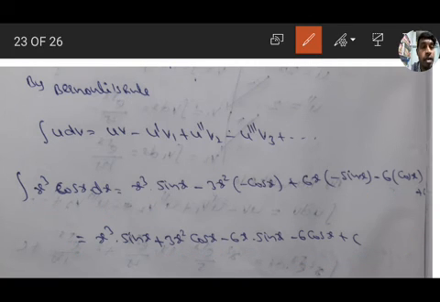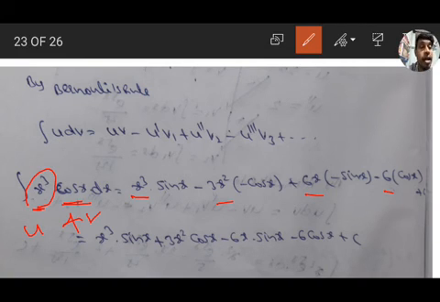In the shortcut, we use it directly as a formula. In the problem it is given x cube and cos x. x cube is the u and cos x dx is dv. So first write the derivatives: x cube, its derivative 3x square, its derivative 6x, 6x derivative is 6. Alternating, first one is positive, next negative, next positive, next negative, like that you have to write down.